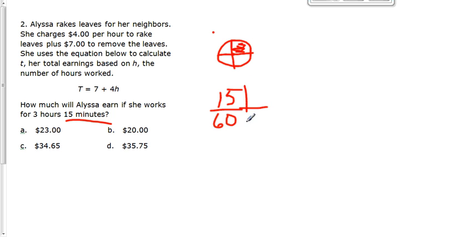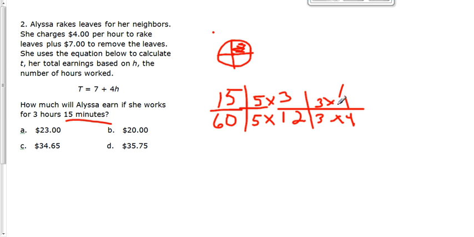And that reduces down by your 5s. 5 times 3 and 5 times 12. That reduces down again. 3 times 1 and 3 times 4. And that gives me 1/4. Another way to write 1/4, if I don't want to use the fraction, is 0.25.